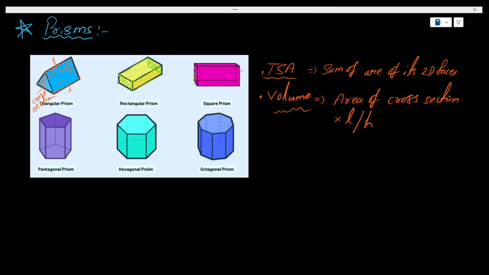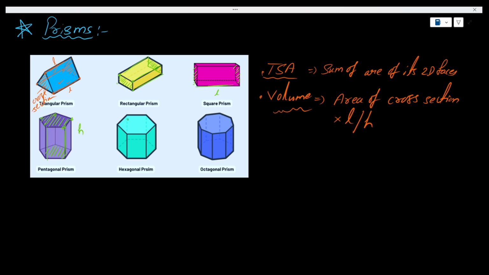Here it's a square prism because the face is a square, which is joined by this length. So again, area of square times length is going to be the volume. Here, this is the pentagonal face cross section, which is identical, and the corresponding five vertices are joined by this length, which is nothing but the height of this pentagonal prism.